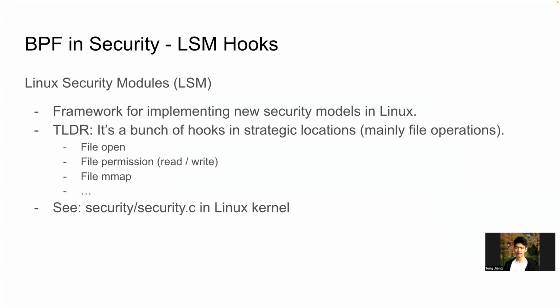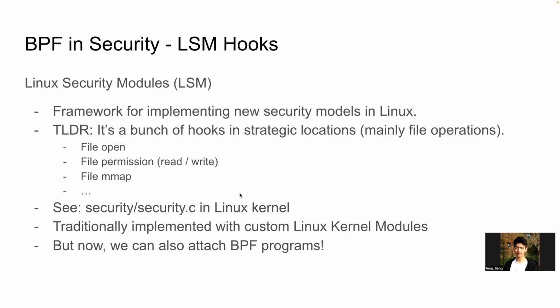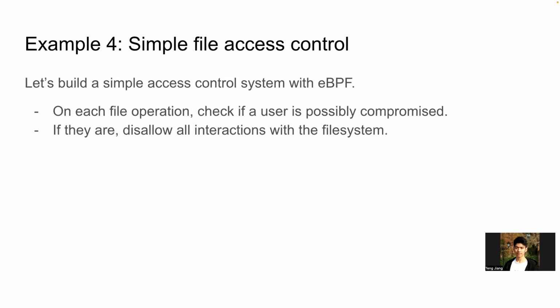Those are the kinds of things that can be managed by user-specific security hooks. All the hooks are there in security.c. You can check out Bootlin for where the hook points are. Traditionally this was implemented with Linux kernel modules. Of course, that was an extension, but now BPF programs are sort of replacing it.